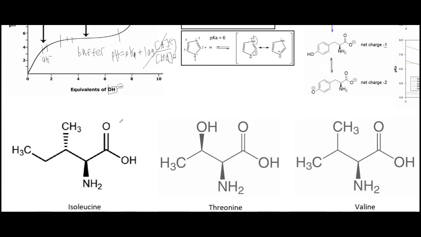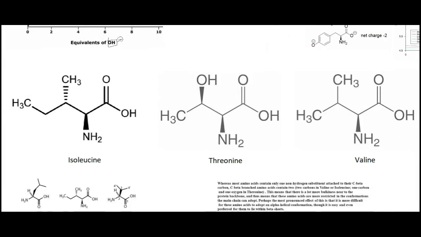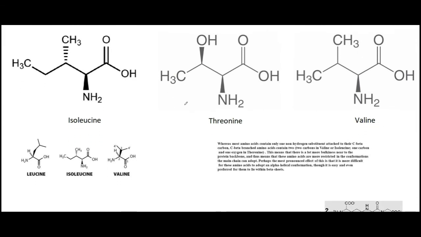All right, let's move on a little bit from this acid-base chemistry, and so we will look here at these. These are called the beta-branched amino acids, and what that's talking about is we have our alpha carbon on these amino acids right here, which is the one that has the carboxylic acid coming off, the amine coming off, and the side chain coming off.